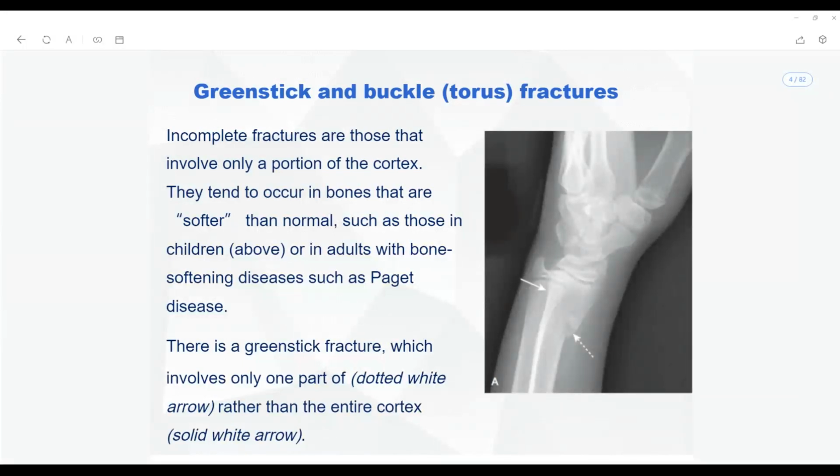Okay, the second rule: never ever take a skeletal system radiograph in only one view. It means you have to prescribe a skeletal radiograph in multiple views. A single view is not enough. For example, when I'm looking at the chest, I only write a PA view.